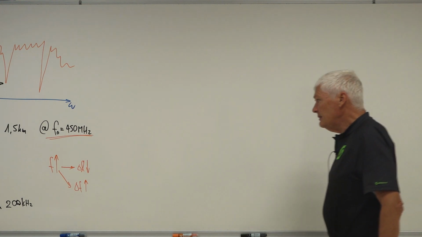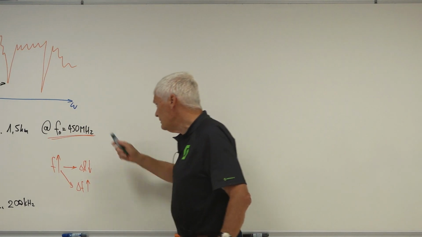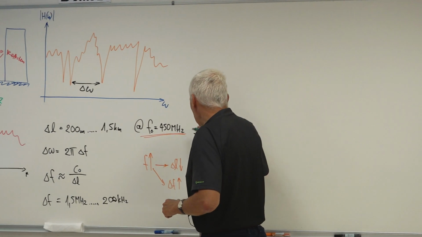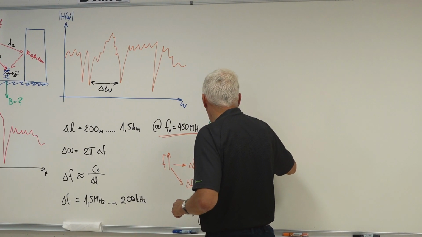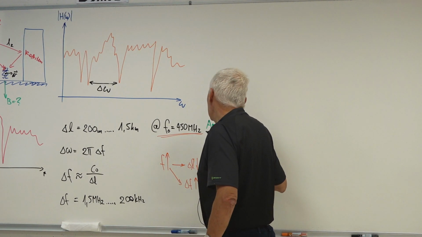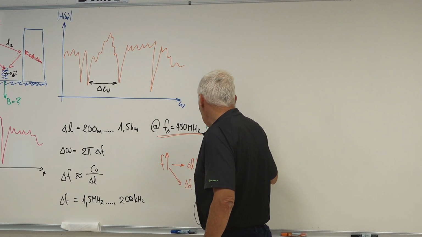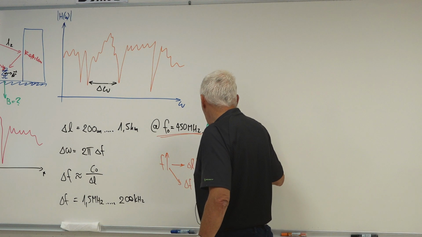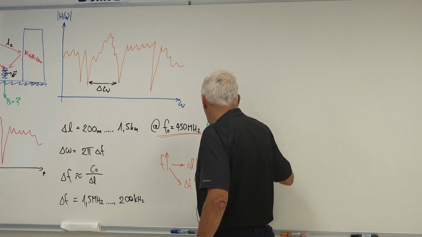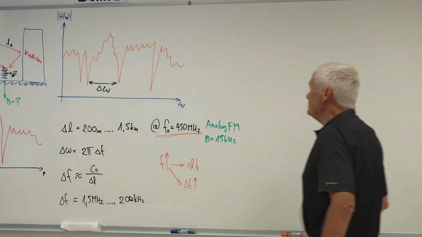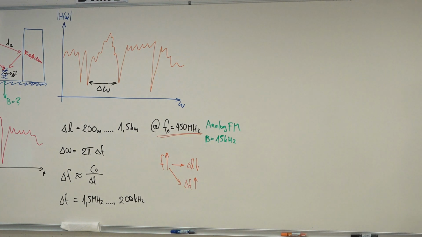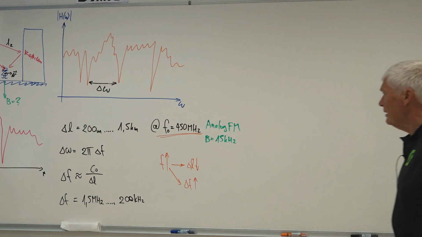Everything started at 450 megahertz with analog frequency modulation, and analog frequency modulation required a bandwidth of 15 kilohertz. Typical value was 15 kilohertz, but useful bandwidth. So such a user was a relatively narrowband user.